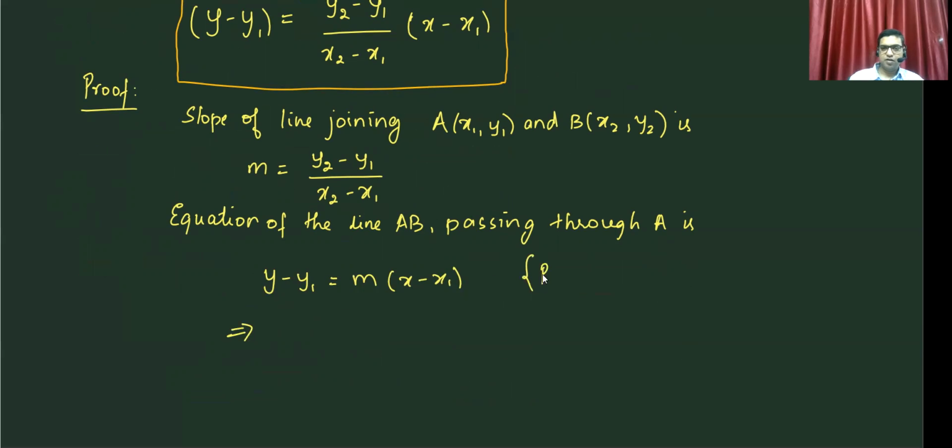Okay, this is point slope form. In this, you substitute M, you get the result.